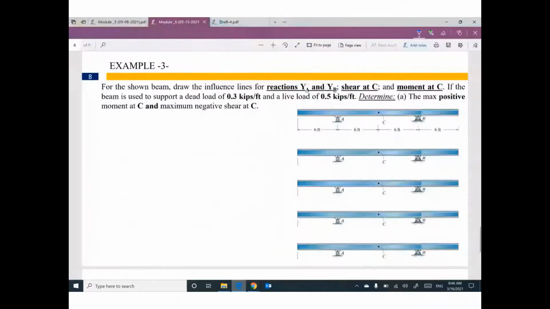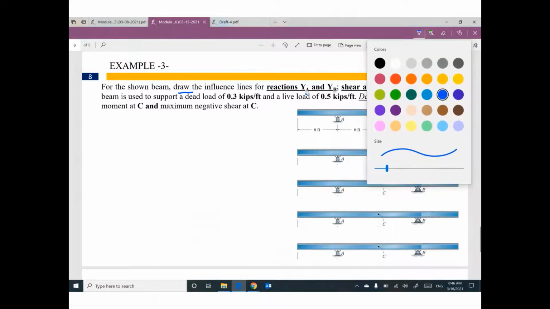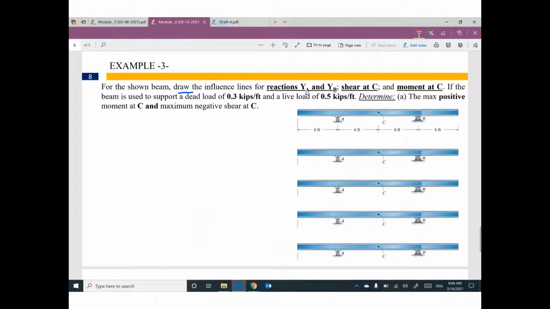Okay, let me do another example. Example number 3. We need to draw influence line for reactions YA and YB. Please read your problem carefully. Don't miss anything.